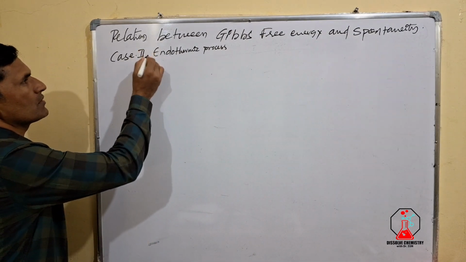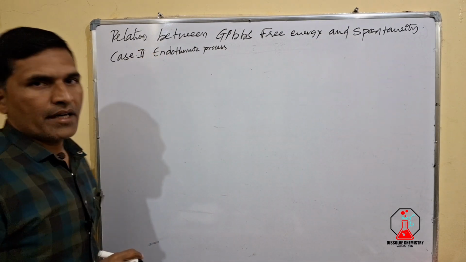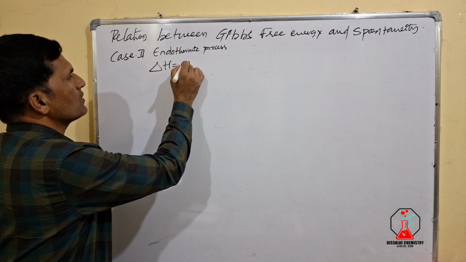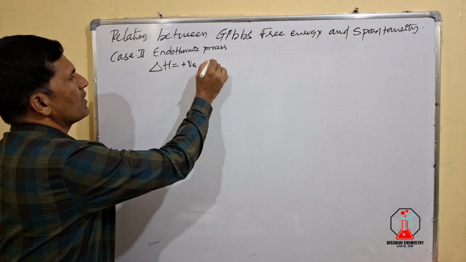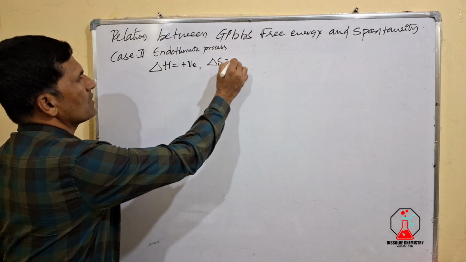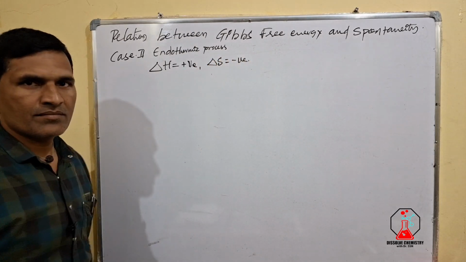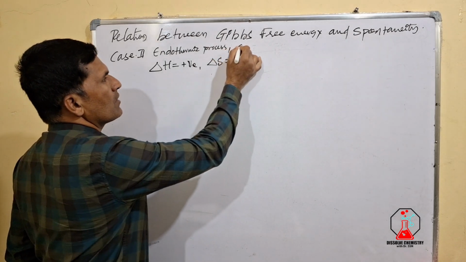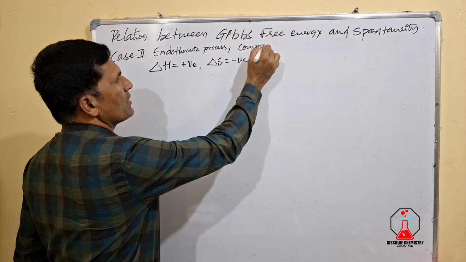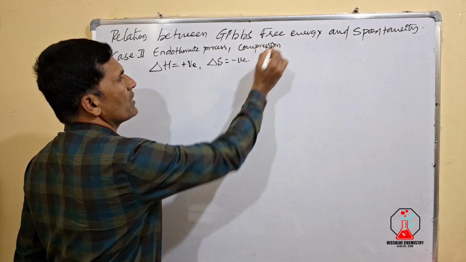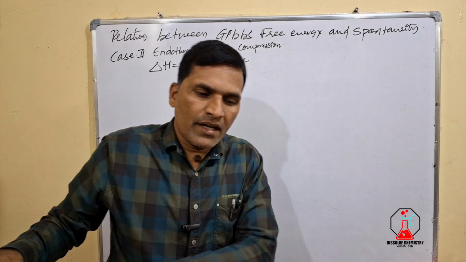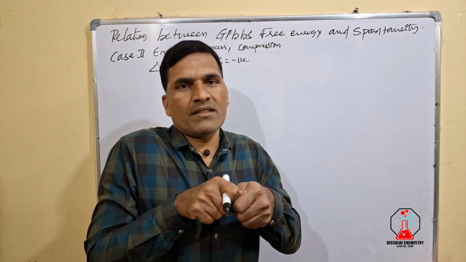We will keep it as an endothermic process, meaning delta H is positive, and now we will take delta S as negative. Now, endothermic, but instead of expansion we are doing compression, meaning your system is compressing on one side and absorbing heat from the other side.